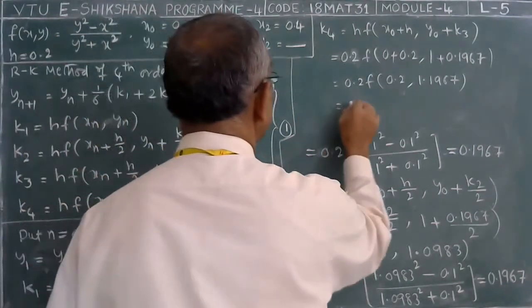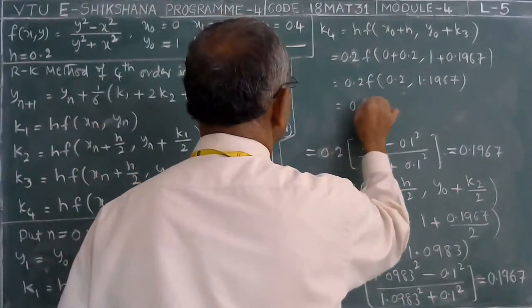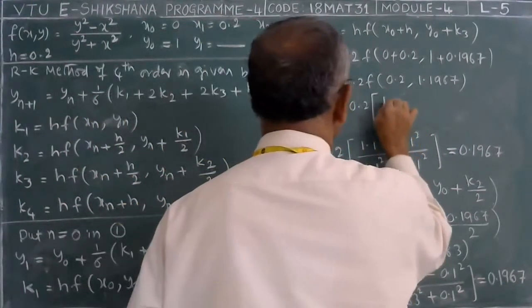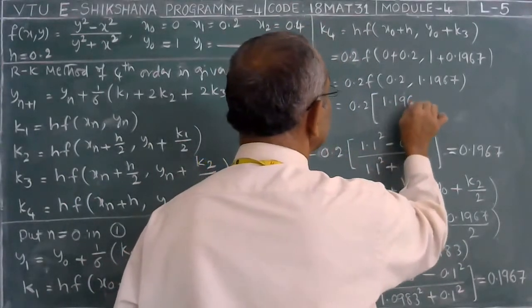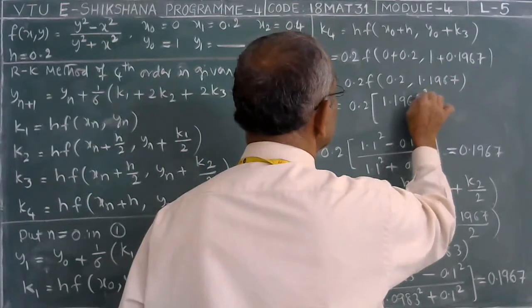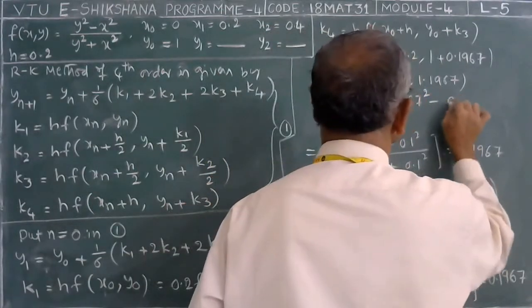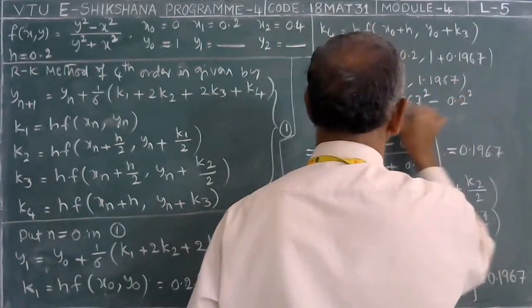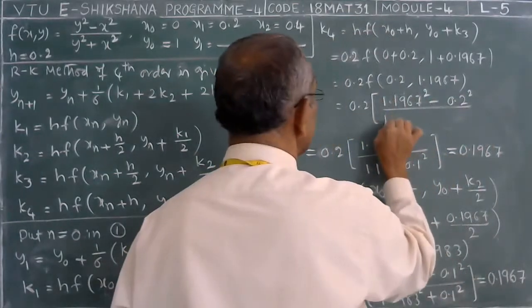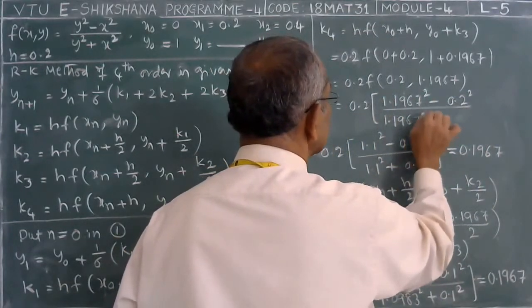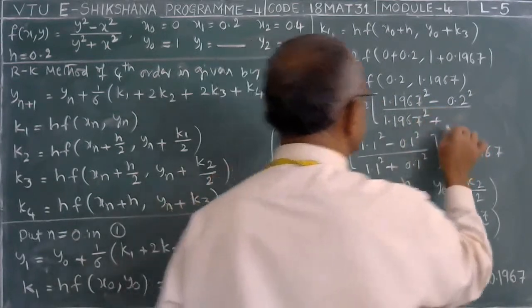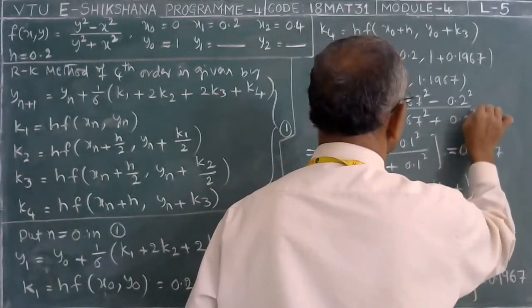Now, by definition, this is 0.2 into (1.1967 square minus 0.2 square) divided by (1.1967 square plus 0.2 square).